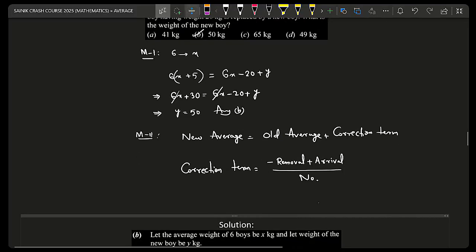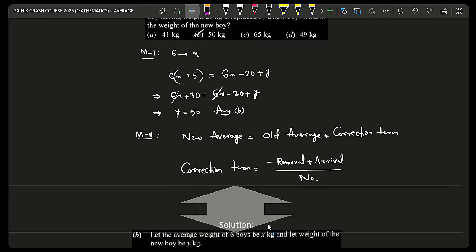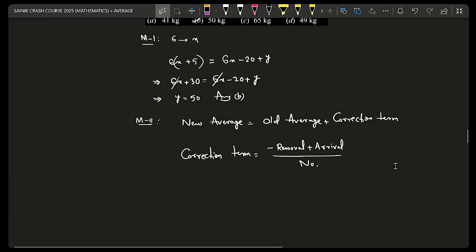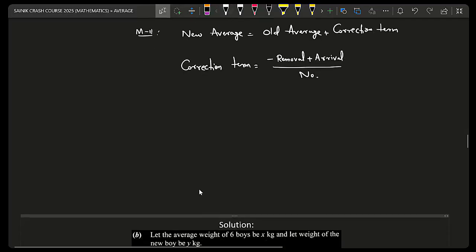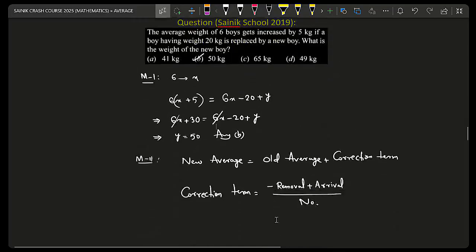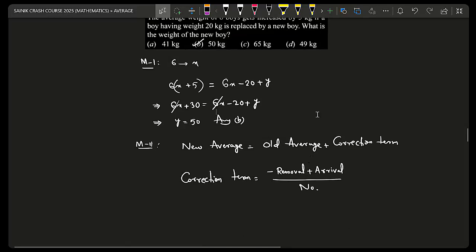This is a shortcut. So what you can do is, we don't know the new average, but the clue is given. Old average we call it X. New average, they said increased by 5.